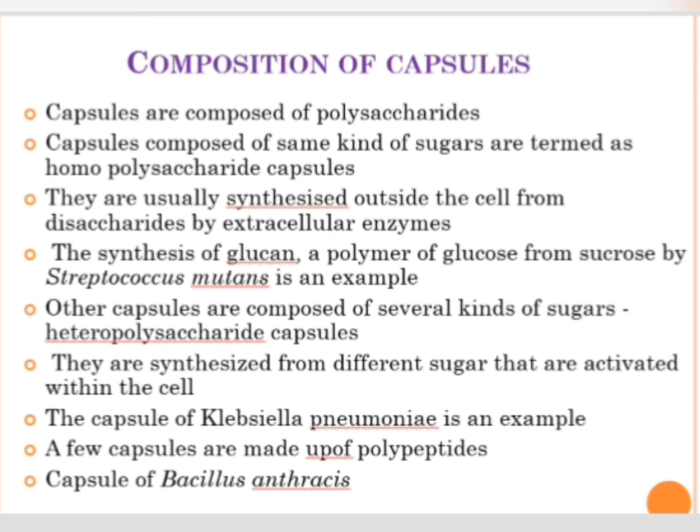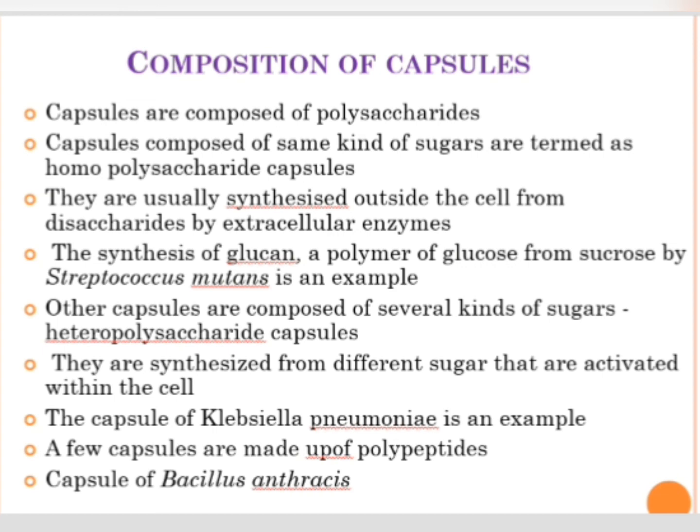A homopolysaccharide capsule is seen in Streptococcus mutans, and here it is synthesized from the same sugar polymer, that is glucan. Glucan is actually a polymer of glucose which is produced from sucrose. And heteropolysaccharide capsules are seen in Klebsiella pneumoniae, and sometimes the capsules are also made up of polypeptides, an example being the capsule of Bacillus anthracis.